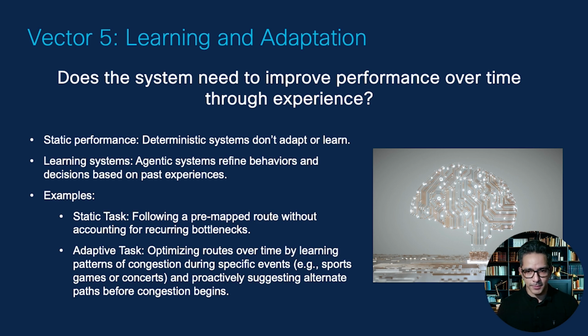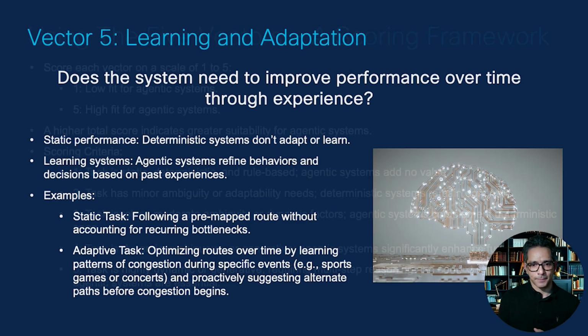Contrast that with a deterministic system, which might reroute when congestion is detected in real time, but cannot predict and adjust before the issue arises. So again, the question to ask here is, do we want our system to learn from past experiences?